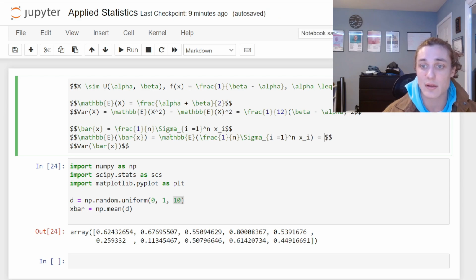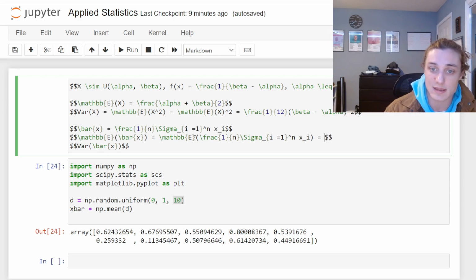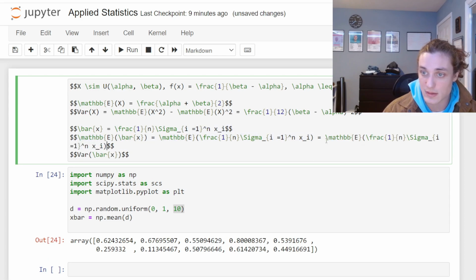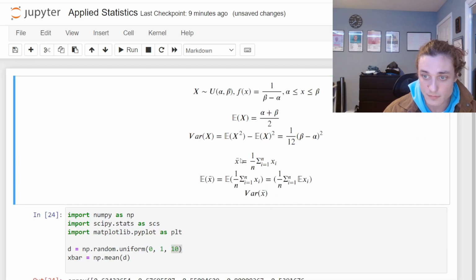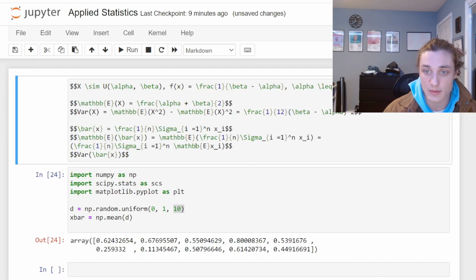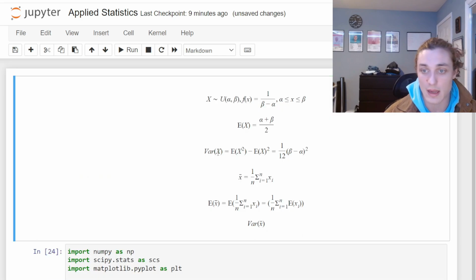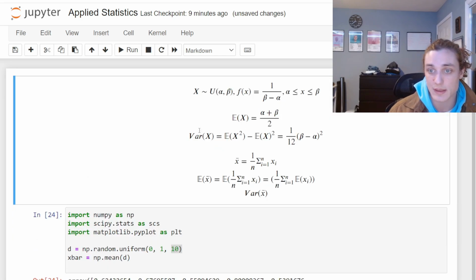Then by linearity of expectation, I can pass that expectation right on through to the x i. Let me wrap this in parentheses to make it a little more clear. Now I can apply what we know about this particular distribution: the expectation in this case is alpha plus beta over 2.